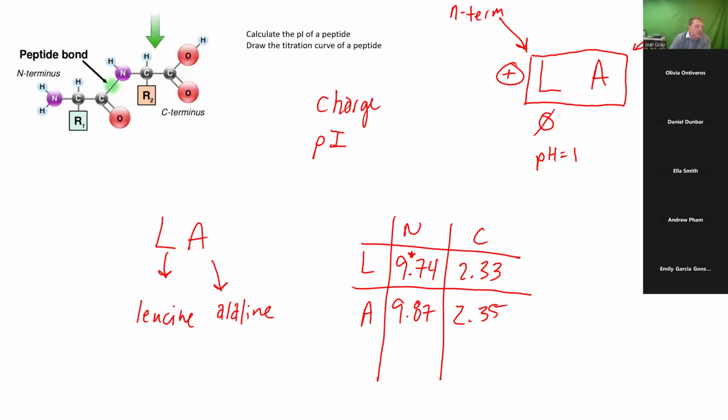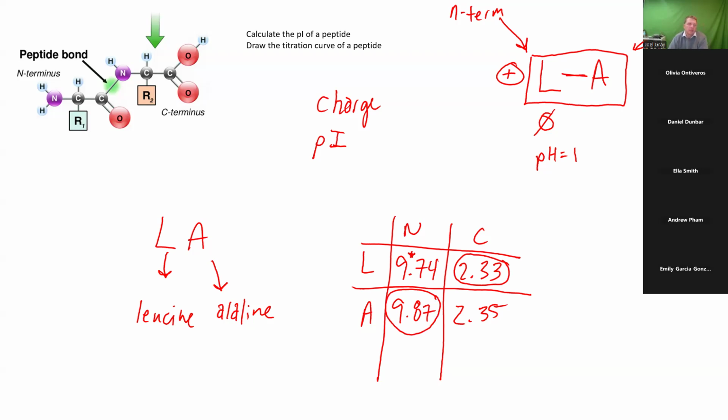Now, the next thing is my 2.33, and this is kind of a tricky point. This is the C termini of leucine. I have a peptide bond that links the C termini of leucine to the N termini of alanine.